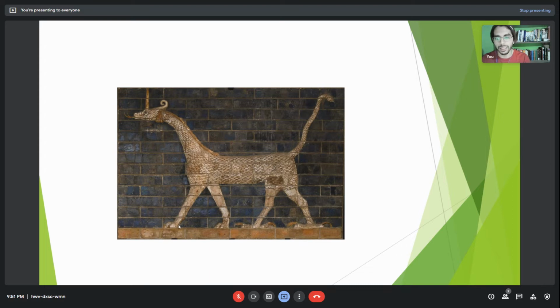For example, we have here the claws of the lion, the tail of the scorpion, the face of the snake, and also the tongue of the snake, as you can see here, very explicit. This god is called Marduk. Marduk was the god of protection of the city. He had a great temple in the center of the city, inside the city, obviously.